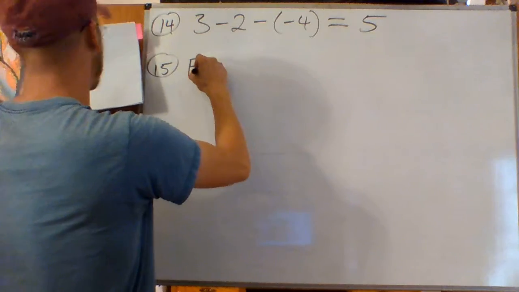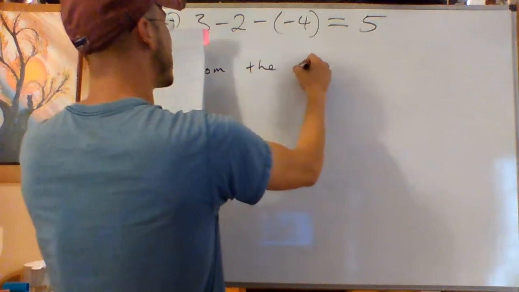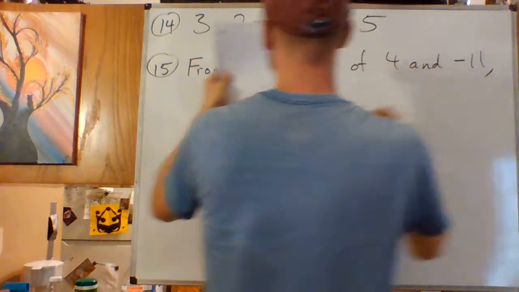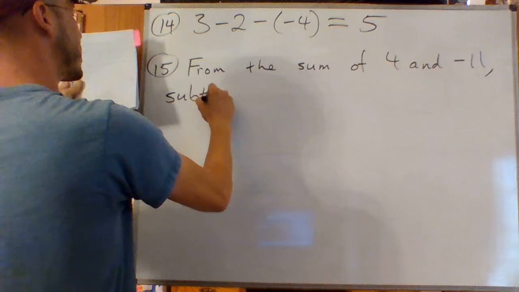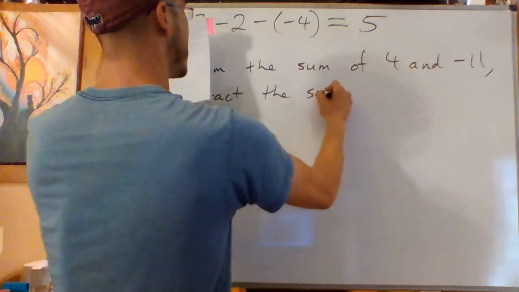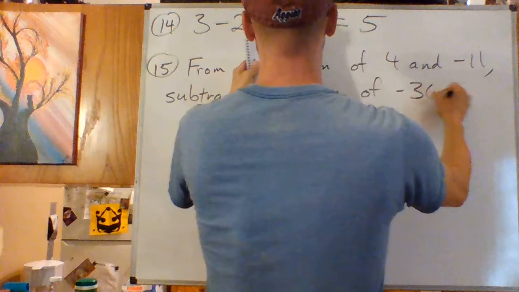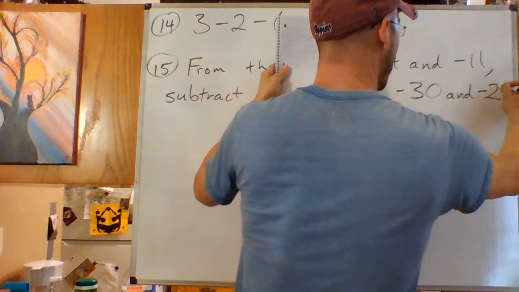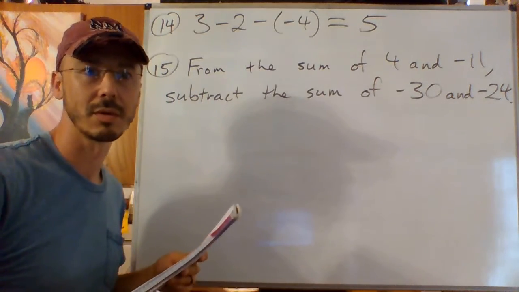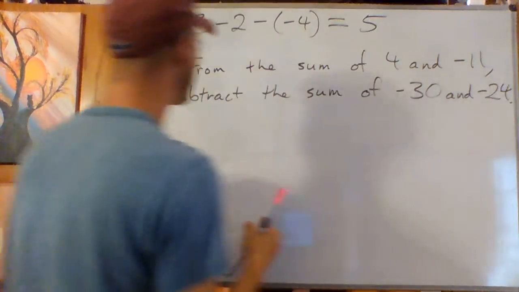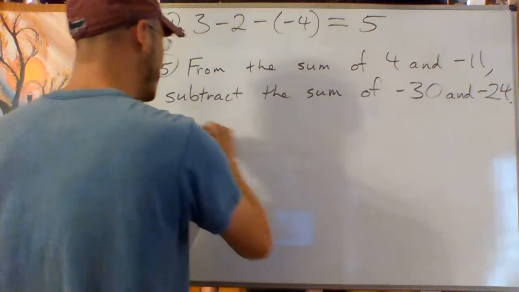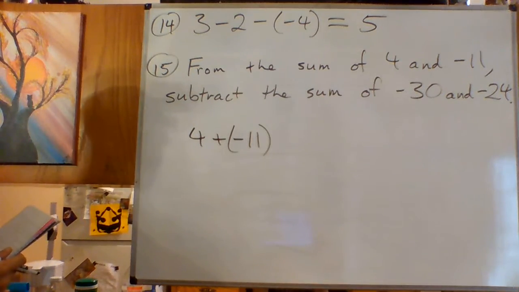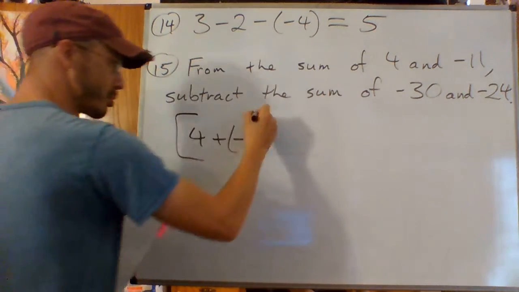From the sum of 4 and negative 11, subtract the sum of negative 30 and negative 24. So from this sum, 4 plus negative 11, subtract, and I'm going to put this in brackets.